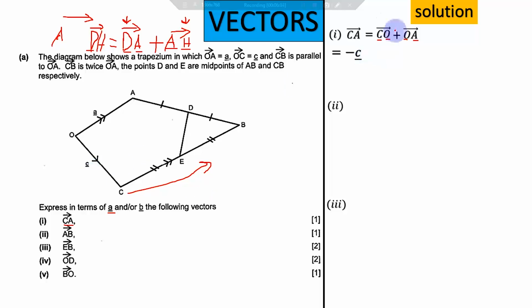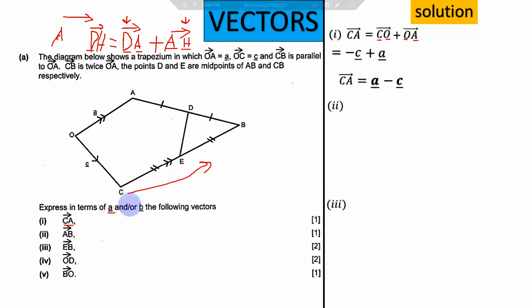So CO will be negative C. Then OA, we are going in the direction of the arrow, so positive A. Then make sure you interchange here. The positive needs to overpower the negative, so the A will be at the beginning, then the C at the end. Okay, so the final answer for vector CA is A minus C.